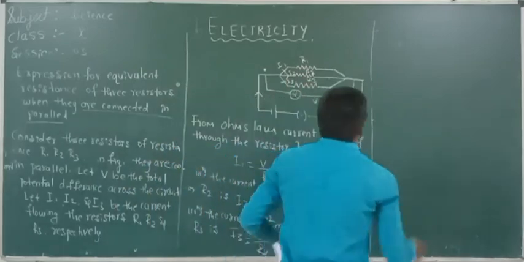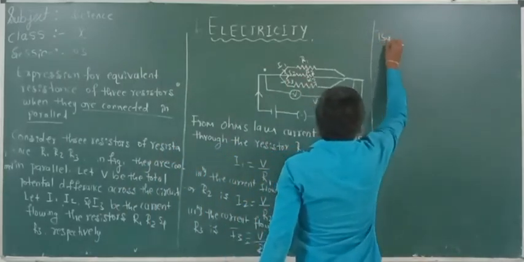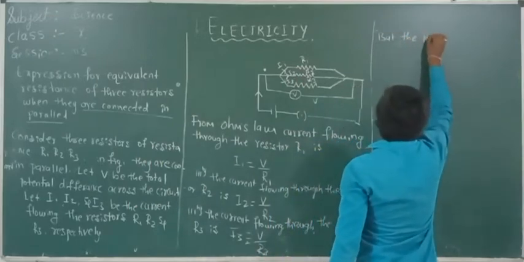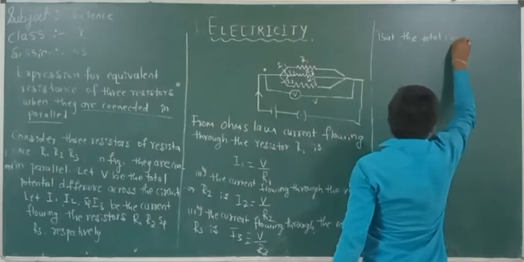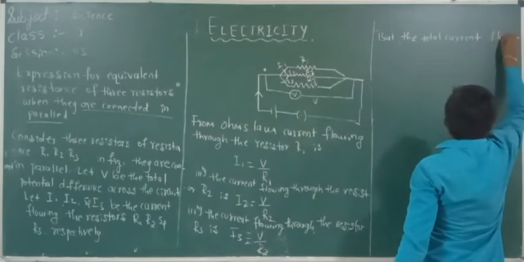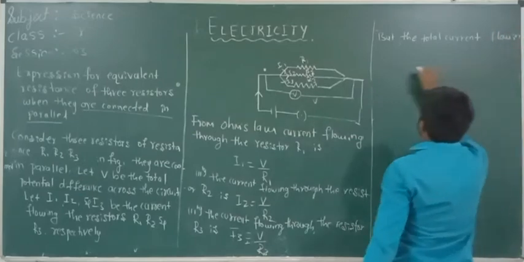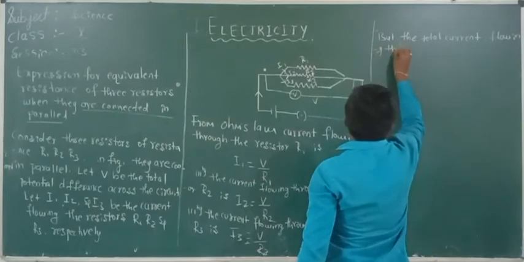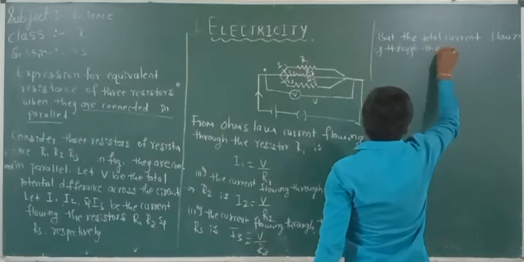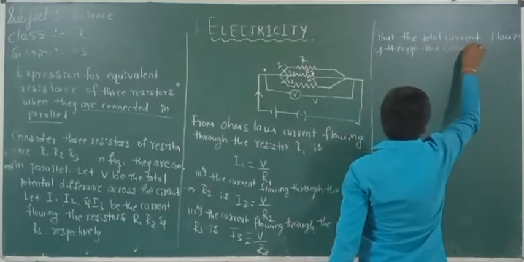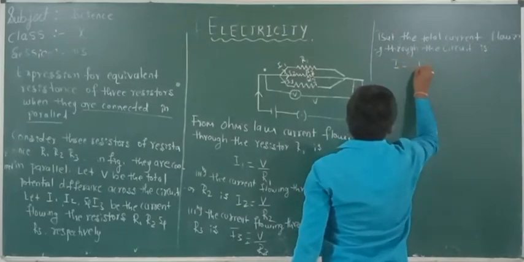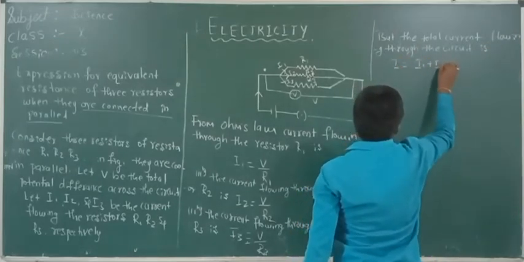But the total current flowing through the circuit is I is equal to I1 plus I2 plus I3.